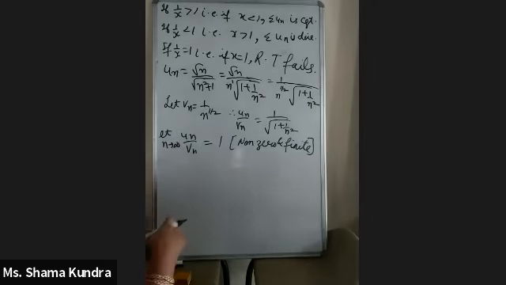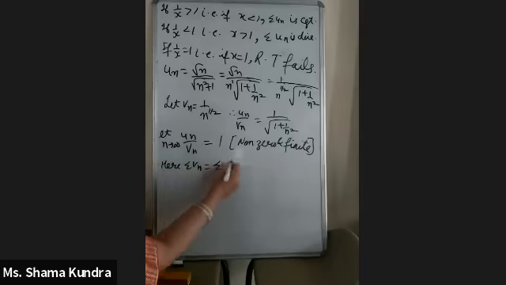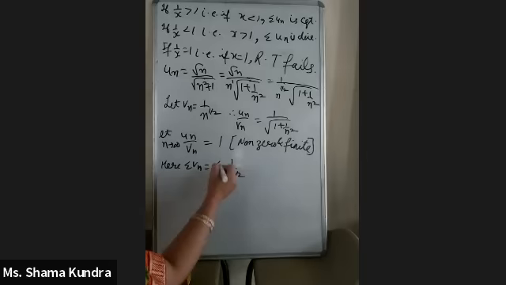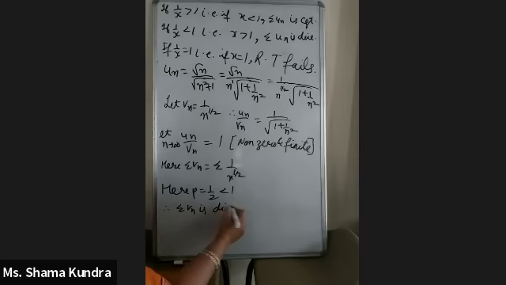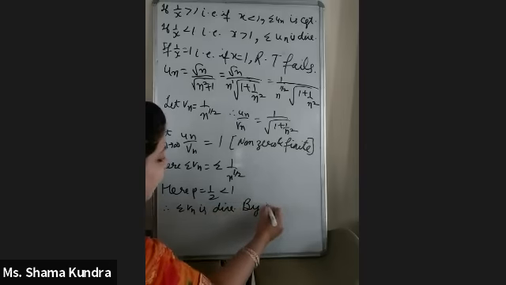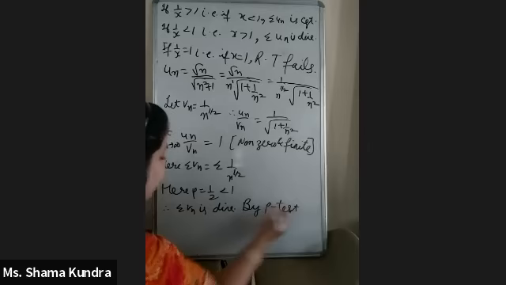Therefore, by comparison test, series un and Vn behave alike. Here, series Vn is, here p is 1 by 2, which is less than 1. Therefore, series Vn is divergent by p test.